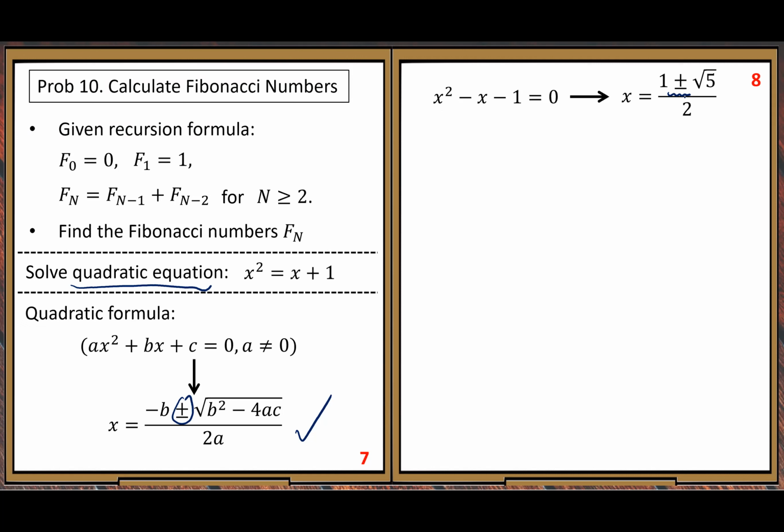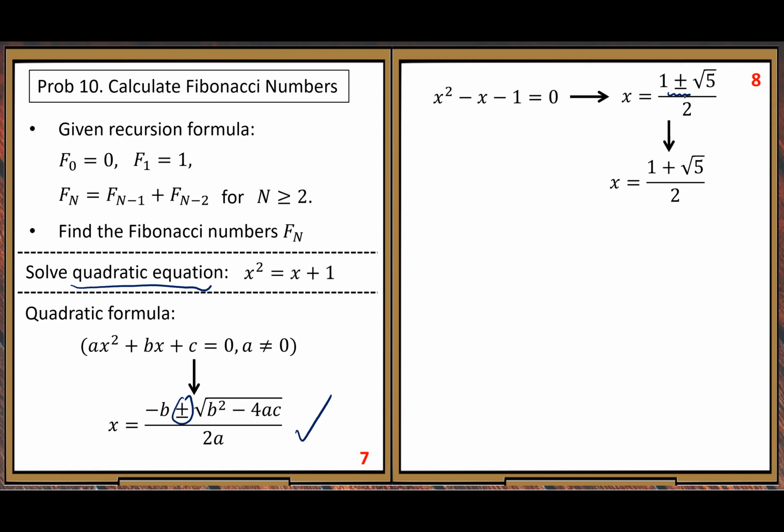Now, remember, what is our x? When we assumed x, that's the ratio A over B, and A and B are the lengths of some line segments. A and B must be positive, so A over B is also positive. That means we only need the positive solution for this equation.